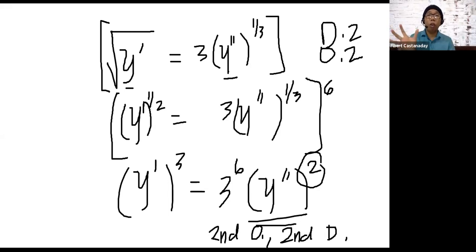So you have to clear all fractional exponents first before you can determine the degree of a DE. So walang problema dun sa order. Basta whichever is the highest derivative, kung ano yung highest derivative sa equation, yun na yung order ng DE. So if you can see fifth derivative there, okay, ibig sabihin yun yung pinakamataas na derivative, the order is fifth order.